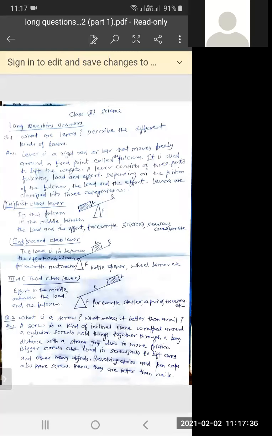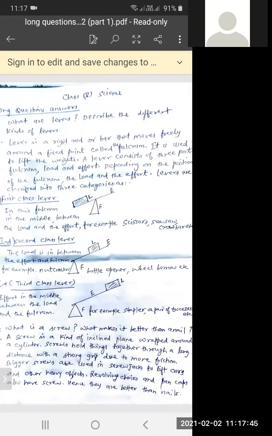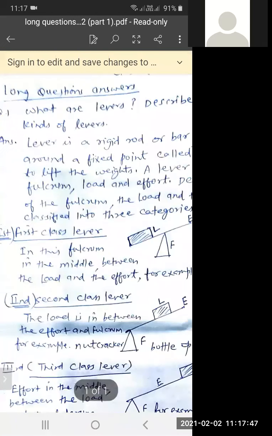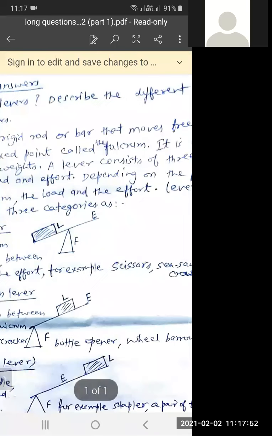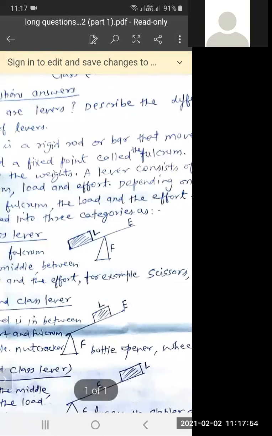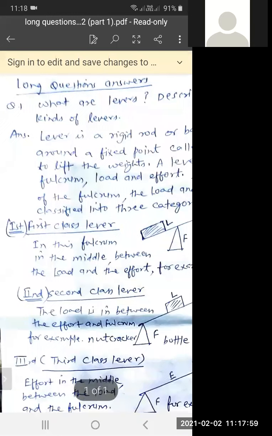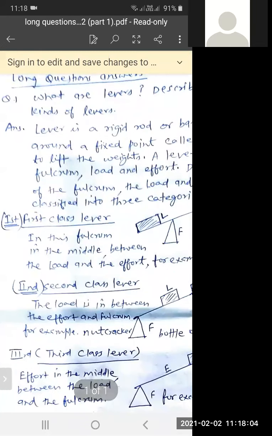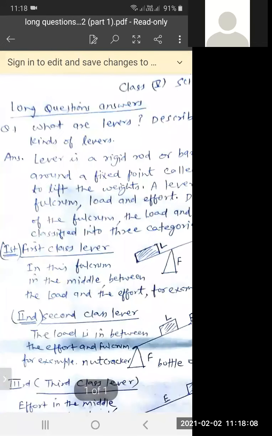Describe the different kinds of levers. Please write down the question.